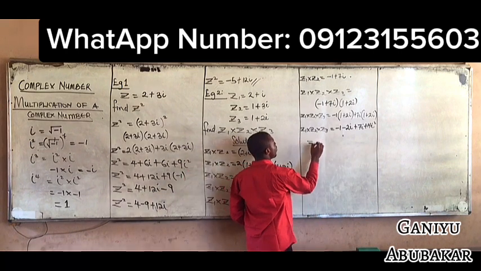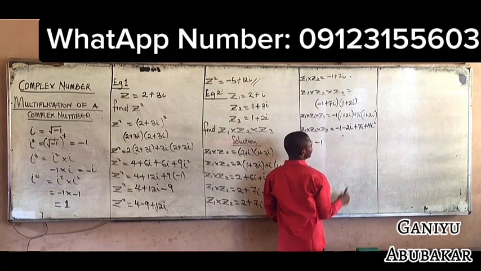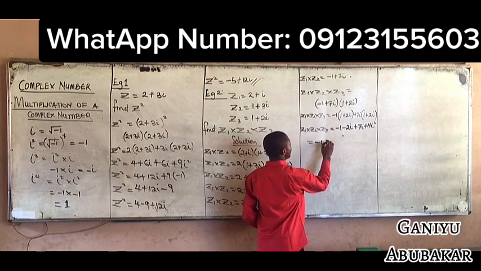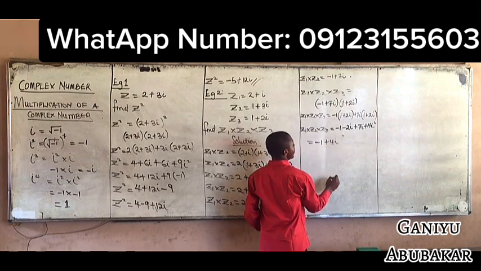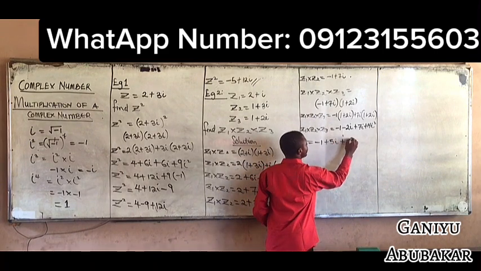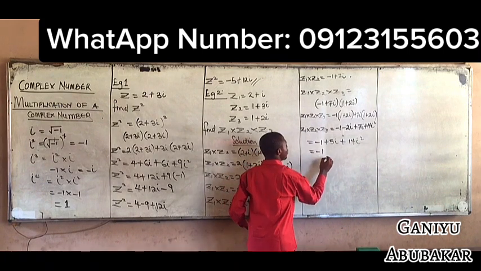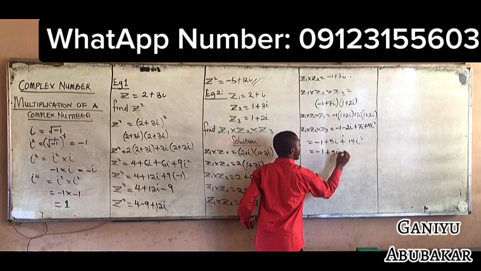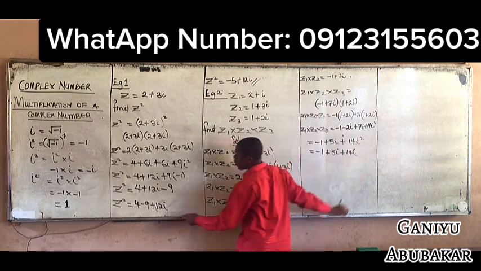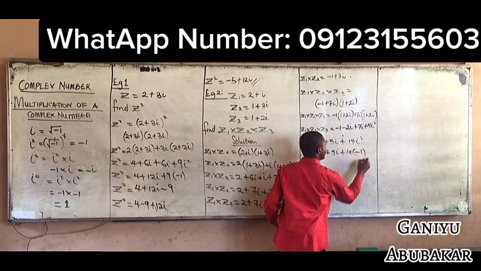So my value becomes minus 1 plus 5i, plus 14 into i squared. What's i squared? i squared is minus 1.